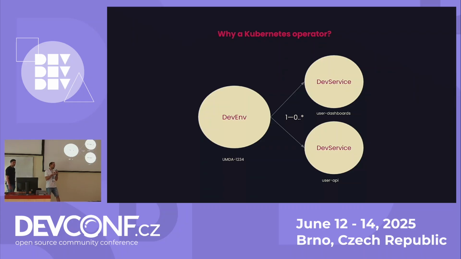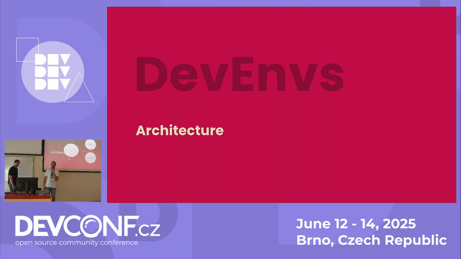So one DevEnv can have multiple DevServices, and those DevServices will have all the information inside that can redeploy your service, like pipelines, GitHub repo, anything it may need, so if you want to recreate it, it can recreate it out of the box. And these are complex things, all right? So Theofanis will dive a bit deeper here into what the DevEnv architecture looks like.